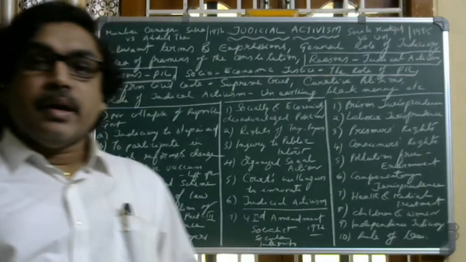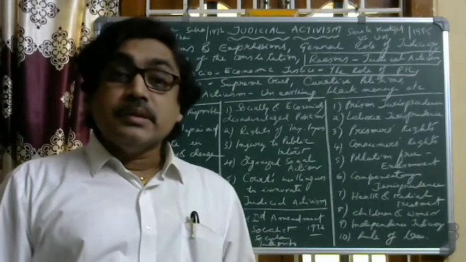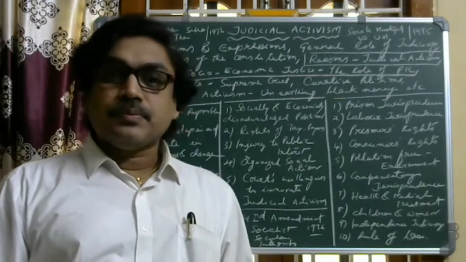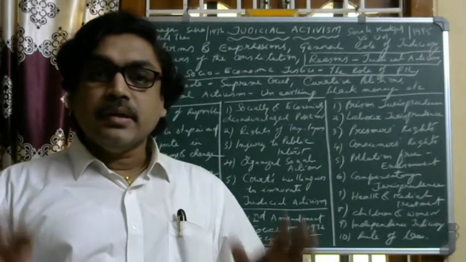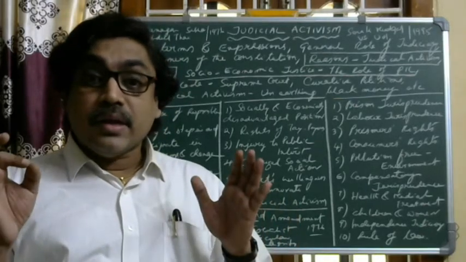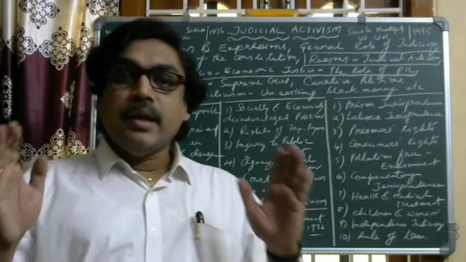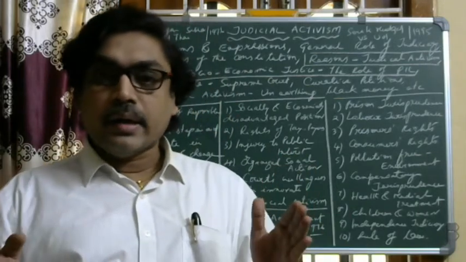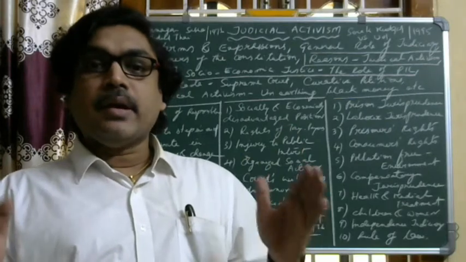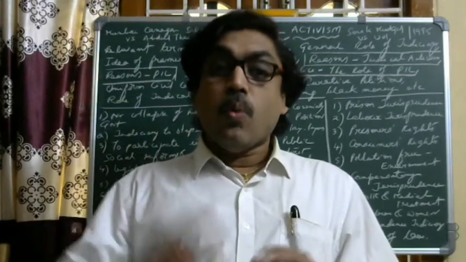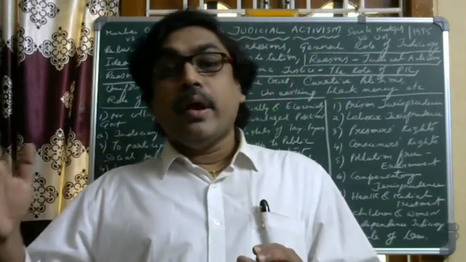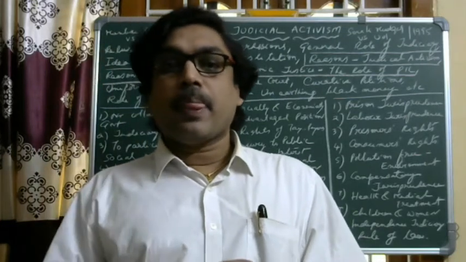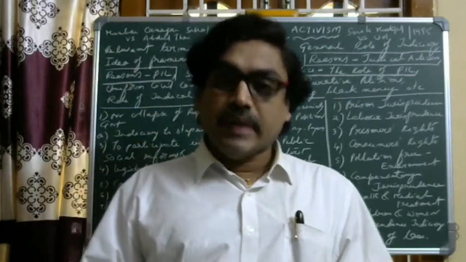And the judgment was rendered in the year 1976. It was filed in 1970. It is related to the Bonus Act. Thus, public interest litigation was introduced in the judiciary in the year 1976.